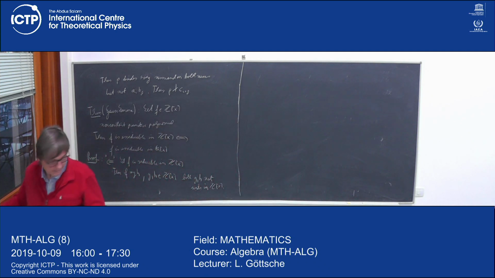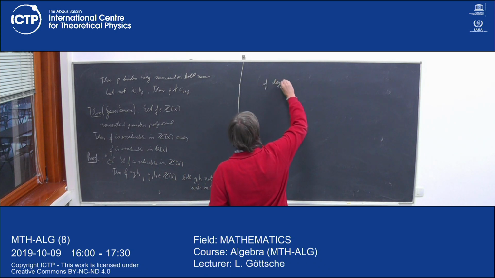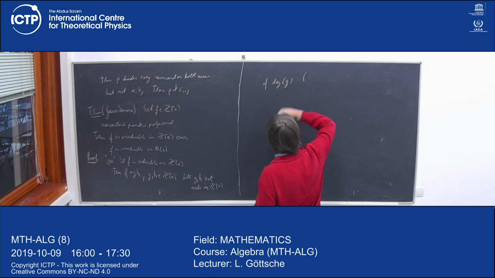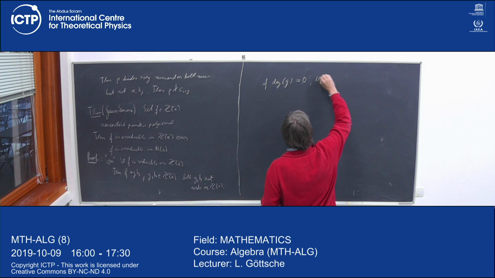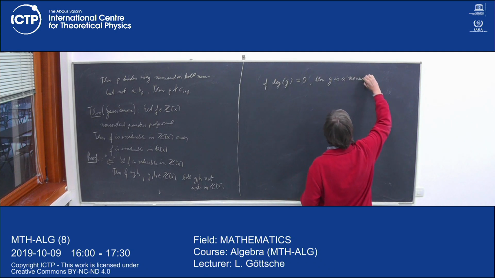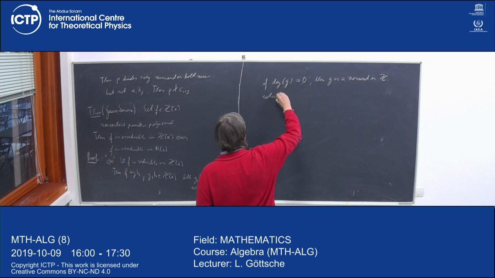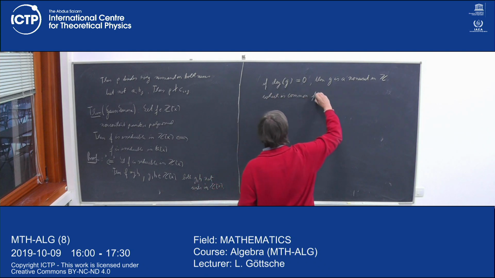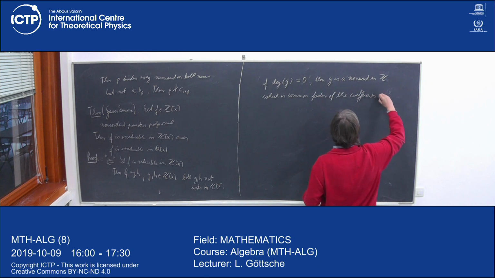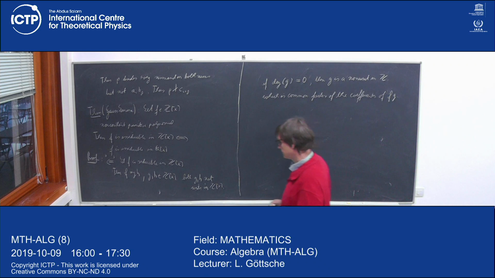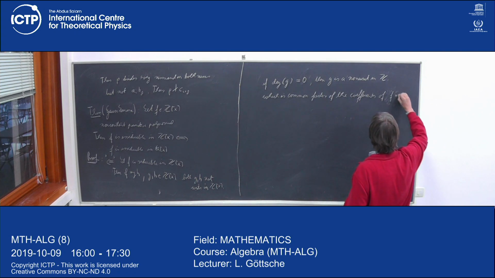So, if the degree of one of the polynomials is 0, now obviously I can choose which one is equal to 0, then g is a non-unit in Z, which is a common factor of the coefficients of f, where f is equal to g times h.